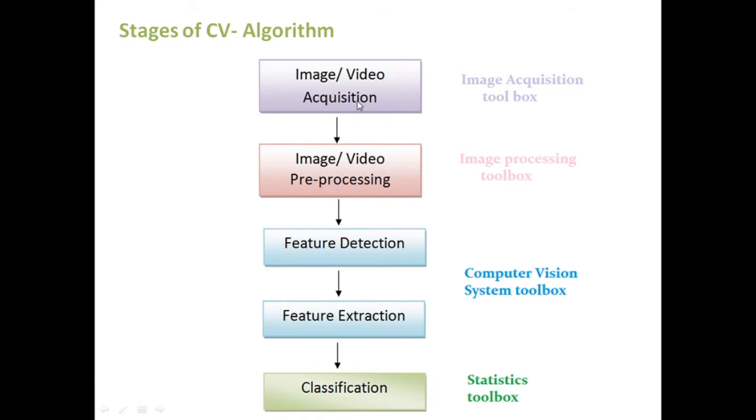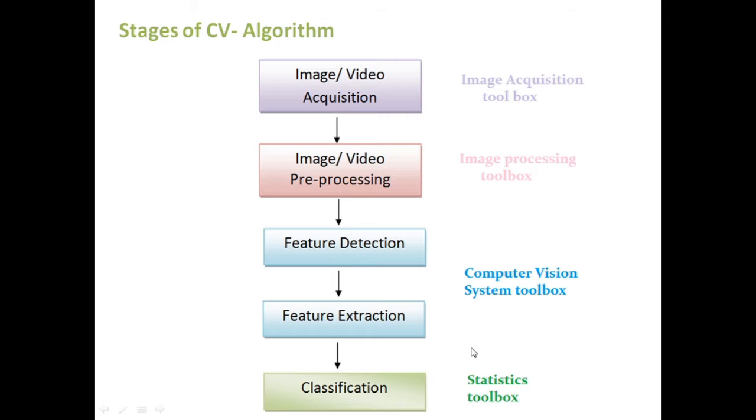So we are all very familiar with the MATLAB tool. Inside the MATLAB tool we have a plenty of toolboxes. The Image Acquisition Toolbox will take care of this stage, and the Image Processing Toolbox will handle the pre-processing activities. The Computer Vision System Toolbox, which is present in MATLAB, will enormously support feature detection as well as feature extraction in our given 2D images.